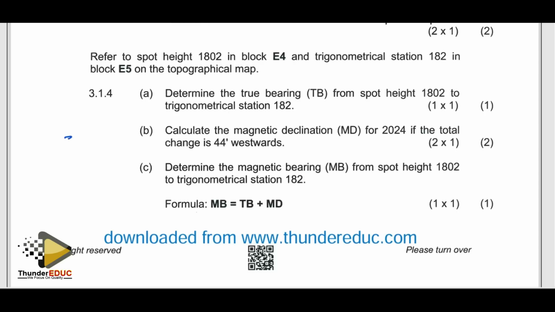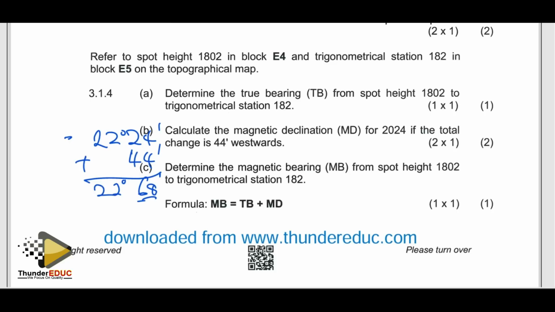So for that question, it's 22 degrees and 24 minutes as of 2020, and we are adding the total change, which is 44 minutes. If you add this, you get 8 here, 4 plus 4, 2 plus 4 gives 6, is 68 minutes, and we take our 22 degrees down. This value is above 60, we have to reduce it by the value of a degree. We subtract 60 here, and we add it to the degree value.